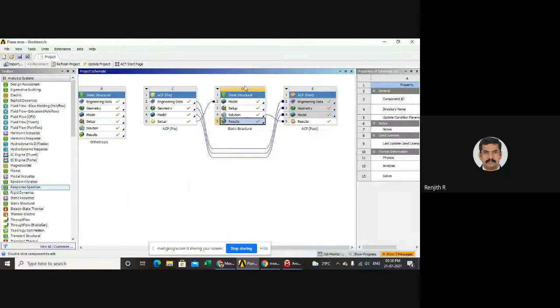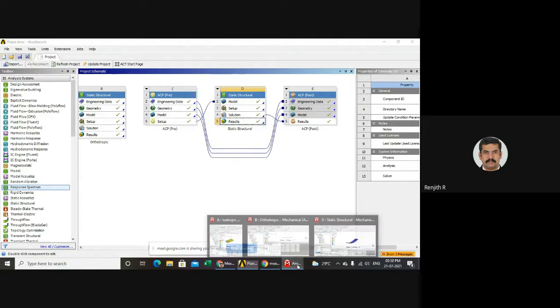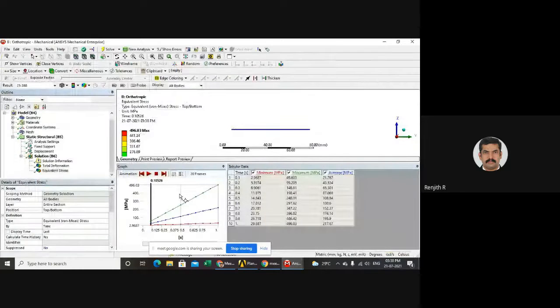Most of the time, if you are getting an academic license, ACP is not provided with it. I don't know about the 2021 or 2020 version, but most of the time in the academic version, ACP is not provided. So if you want to do analysis with ACP, there is one more trick I will show you.